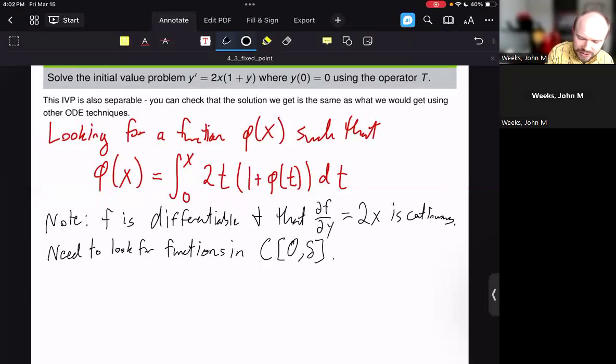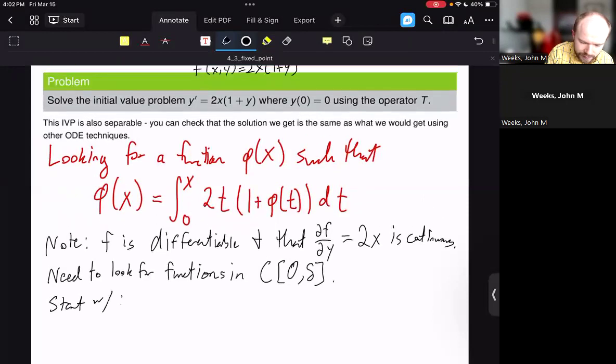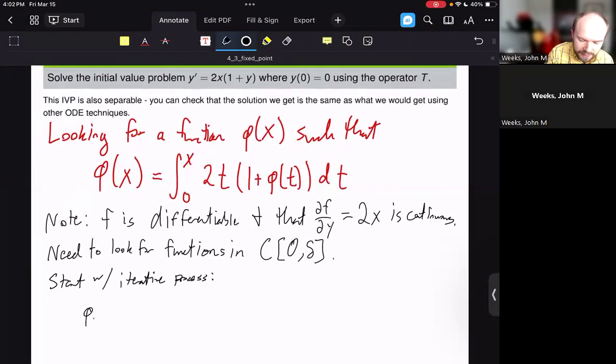So let's see if we can start with the iterative process with phi sub 1 equaling the function 0. Let's just say that it's equal to the 0 function. Well, that's going to imply that phi sub 2 is going to be equal to, we're going to plug in phi sub 1 into this function.